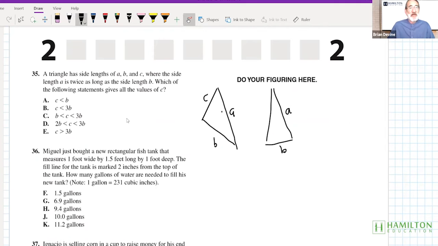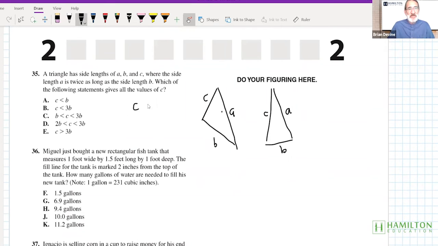Well, what do I know right away? I know that A is twice as long as B. And the fact is that in any triangle, given two sides, the third side must be between the sum of the given two sides and the difference.